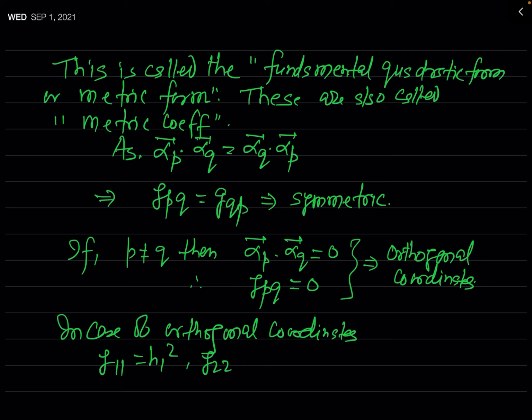Similarly, g22 will be equal to h2 square, and g33 is equal to h3 square. This is a most important result which will be used invariably when you discuss the forthcoming concepts regarding the curvilinear coordinate system. So remember it.